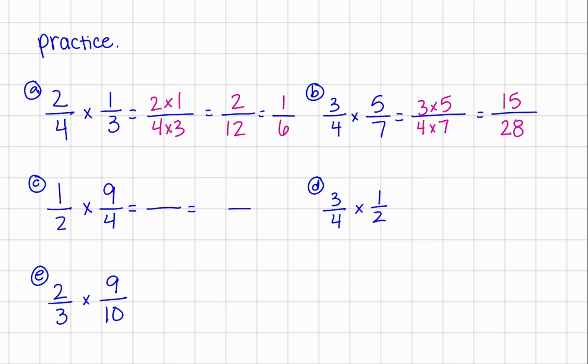Actually, let's do C together. So C is 1/2 times 9/4. Our numerator is 1 times 9, and our denominator is 2 times 4.